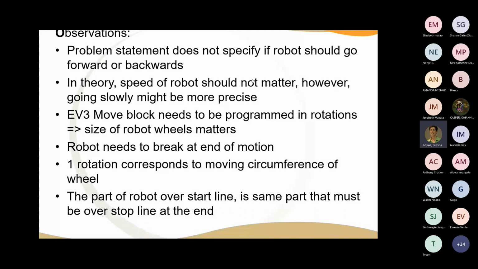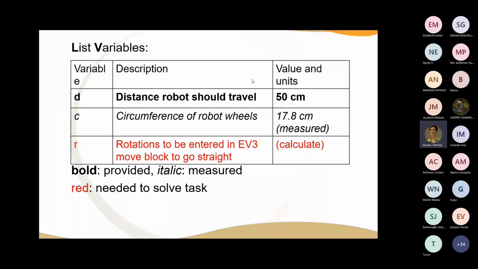All right. So in my little example robot, the distance I need to travel is 50 centimeters. Then I measured the circumference of the wheels, and I'll show you now a quick way of measuring the circumference of a wheel just with a tape measure. So that is the distance it's going to travel in one rotation. Then we can calculate it.